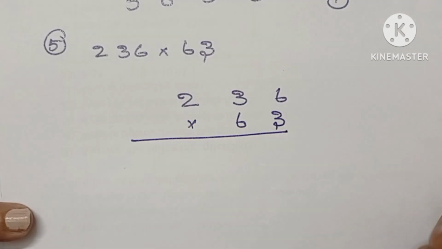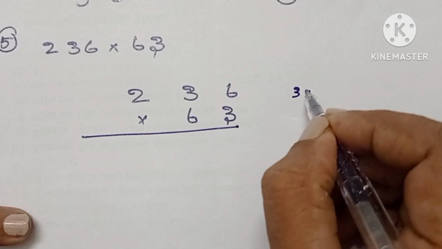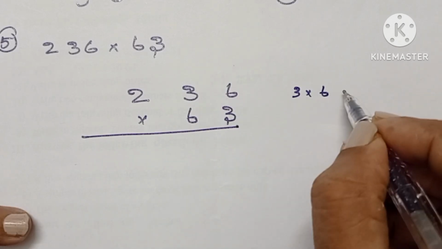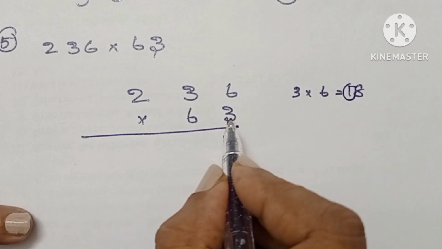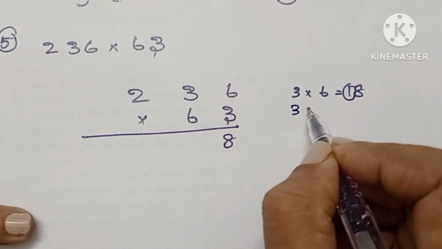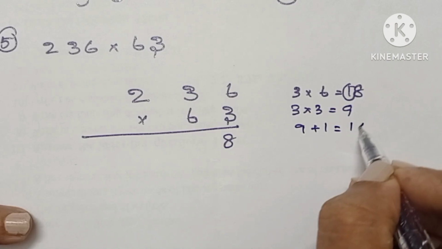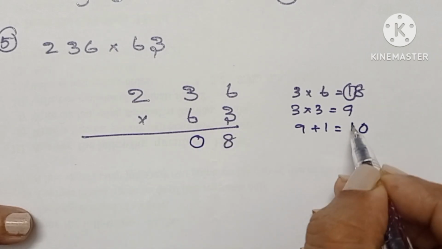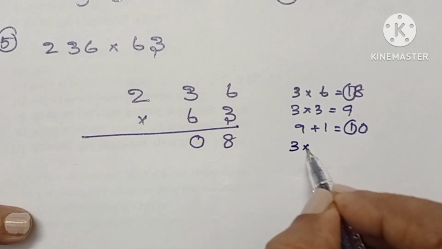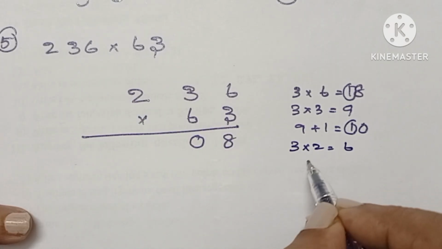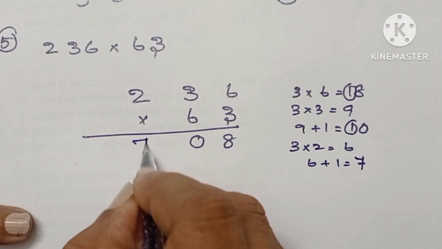Multiplying. 3 into 6, 18. 8 we are writing. 1 is the carryover. 3 into 3, 9. 9 plus 1, 10. Writing 0. 1 is carryover. 3 into 2, 6. 6 plus 1, 7.